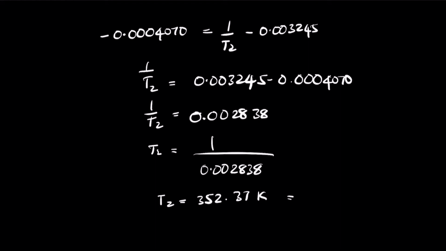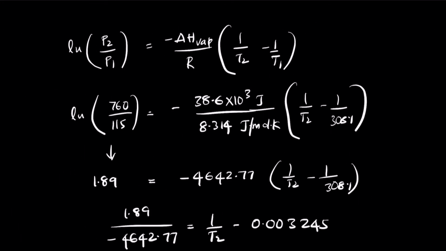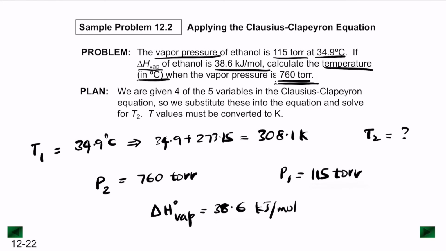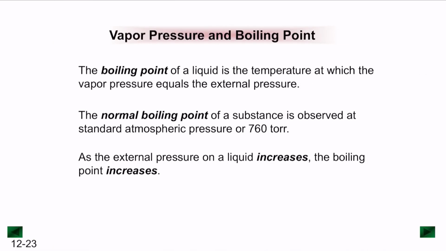If you want to convert it into degree centigrade, 352.37 minus 273.15, so the value is 79.22 degrees centigrade. So this is the temperature at which the vapor pressure becomes 760 torr. This is how you solve problems using the Clausius-Clapeyron equation.